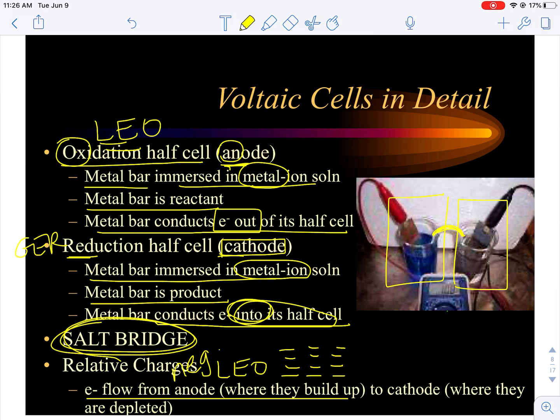Those negative electrons are then going to get sent to the cathode, where they are depleted, right? Because that's where we have our reduction reaction, where those electrons are gained. If I'm removing negative, that means it must have a positive charge.